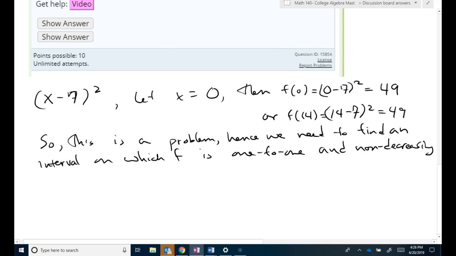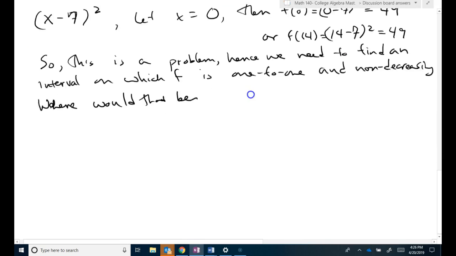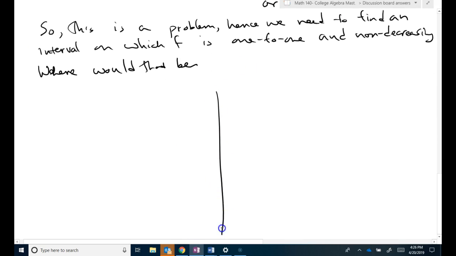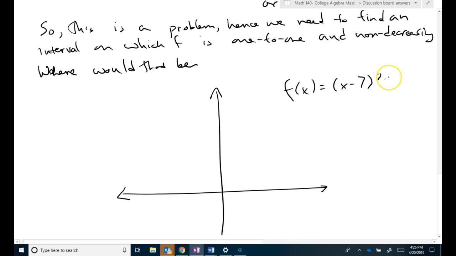Well, where would that be? Well, I'm going to show you the graph of f of x equals (x minus 7) squared.